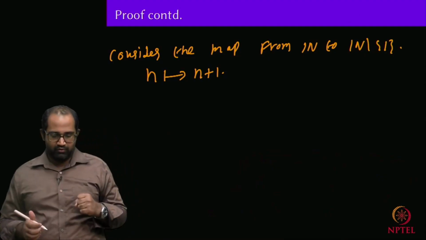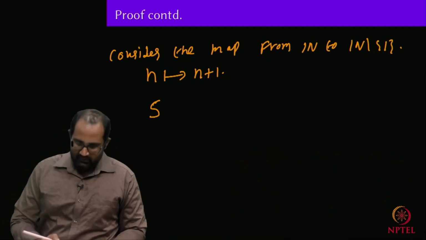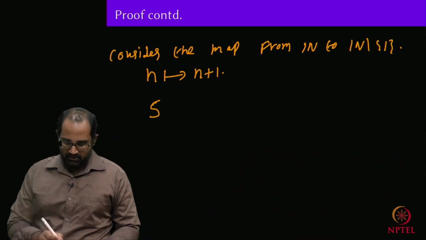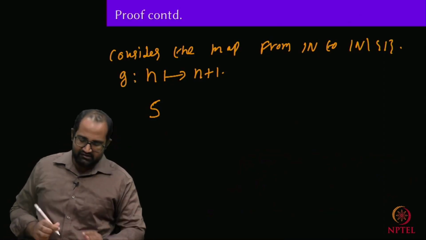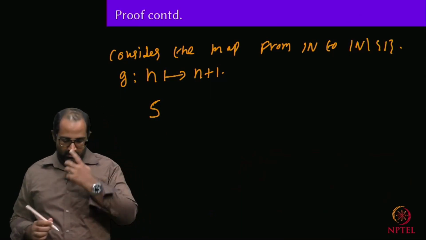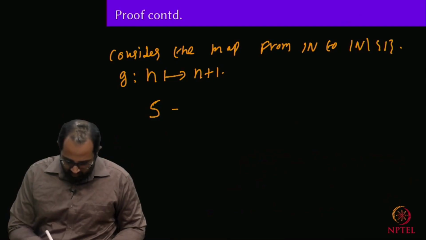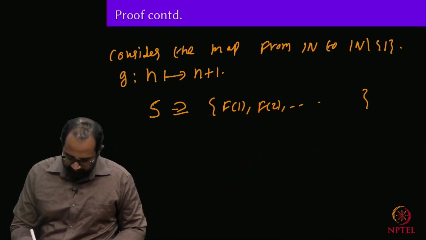Now look at the set S. Inside this set S, there is a copy of the natural numbers. Let's call this map G. G is the map from N to N minus 1, n going to n plus 1. Inside S, there is a copy of the natural numbers in the form of f of 1, f of 2, dot dot dot.